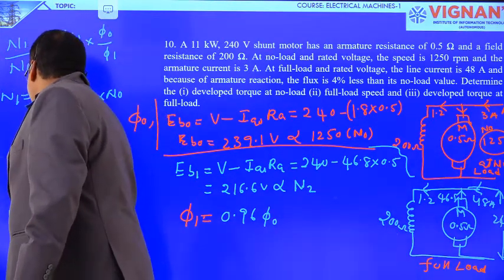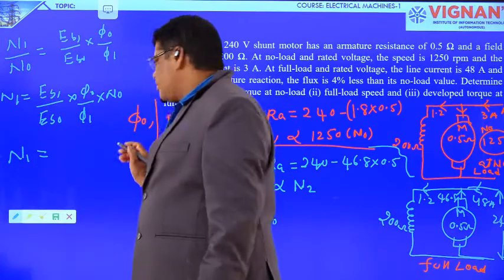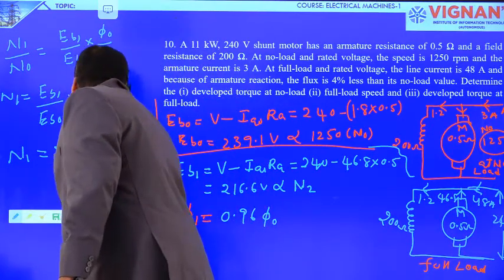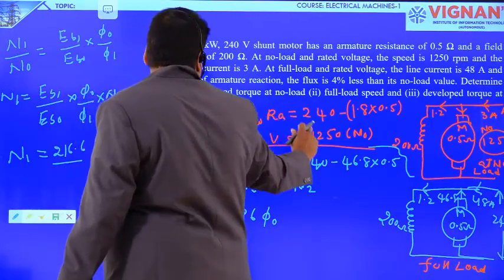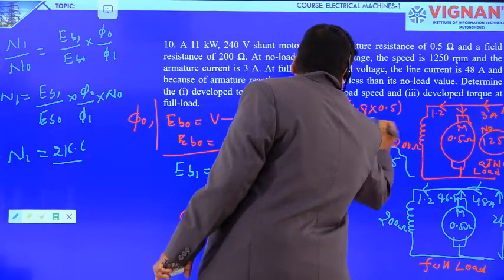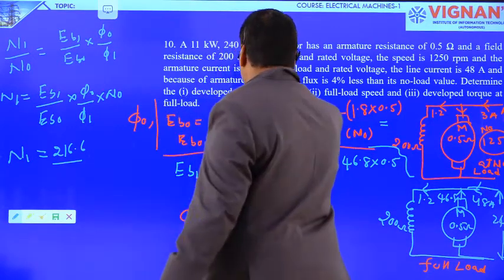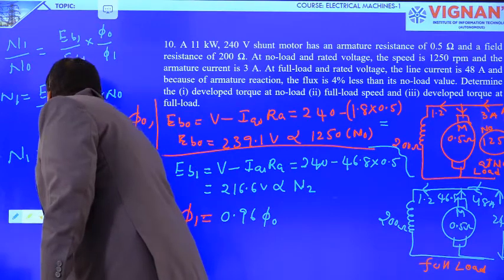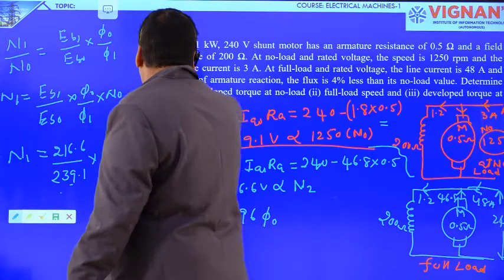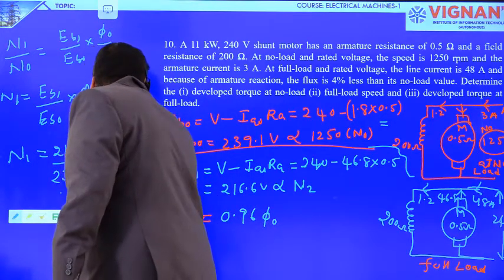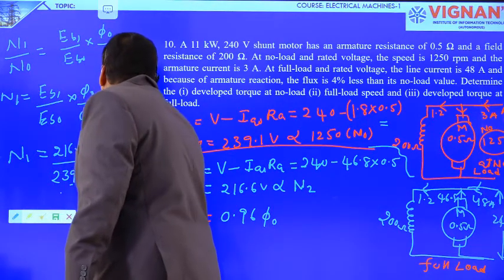Now the speed at full load: EB1 value becomes 216.6, substitute all the values, divided by the no load voltage EB0, which is 240 minus, simplified, 239.1, into phi naught, divided by 0.96 phi naught into the no load speed.